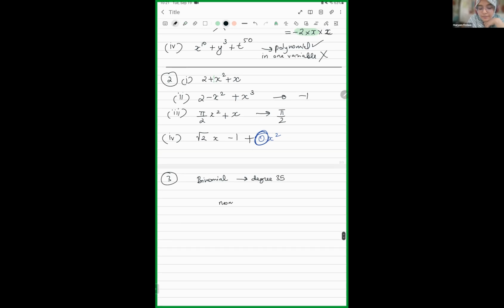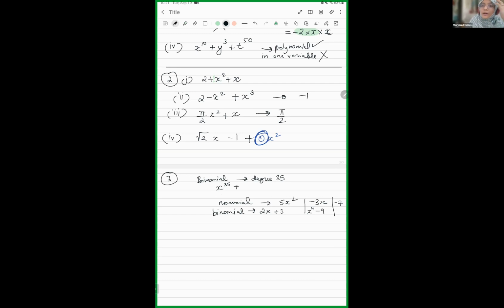Monomial is that polynomial which has only one term. For example, 5x squared minus 3x, or just minus 7. A binomial is that which has just two terms. So like 2x plus 3, x to the power 4 minus 9. x raised to the power 35 plus y raised to the power 30.